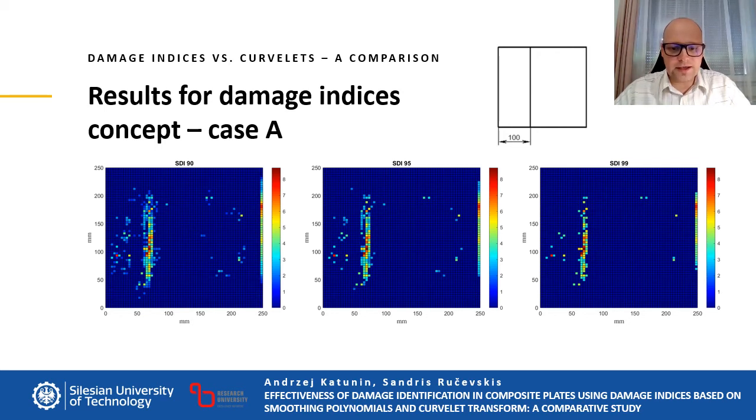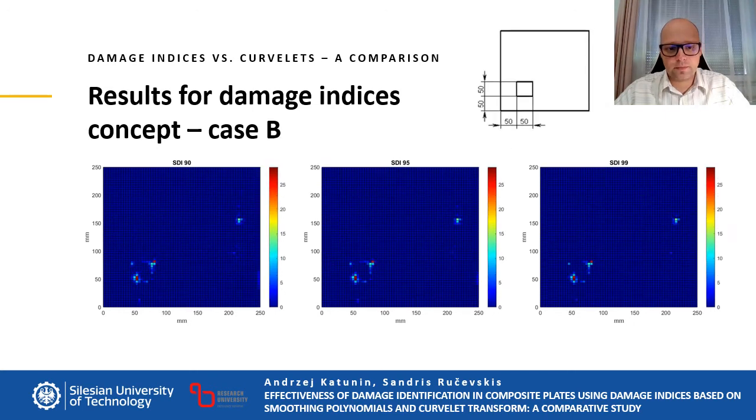In all the cases, we can see quite well the damage, but also we can see some additional noise resulting from measurements and processing. Here you can see the results for case B, so we can quite well identify the shape of a square damage introduced to this plate.